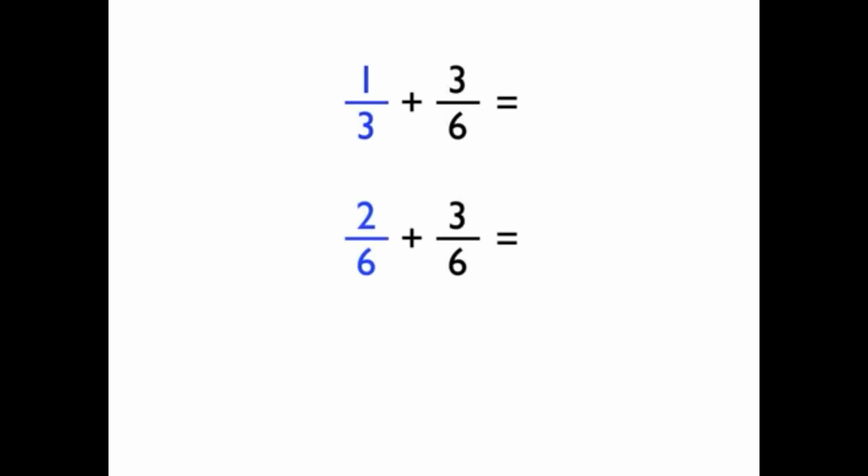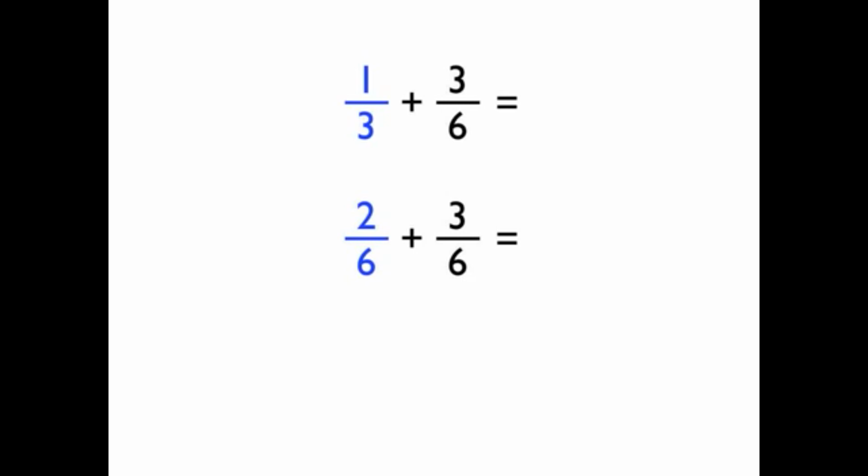So what I'm going to do is change that 1/3 into 2/6. 1/3 and 2/6 are equivalent fractions, they're the same size as each other, so if the top fraction sum must be equal to the bottom one.